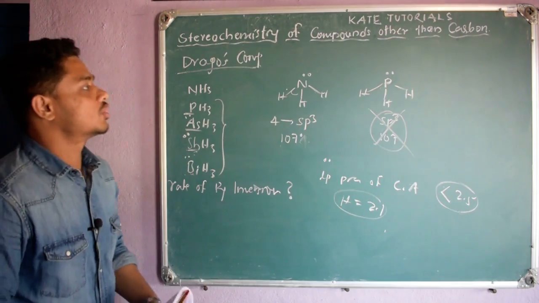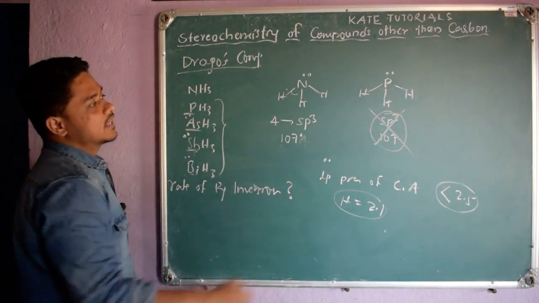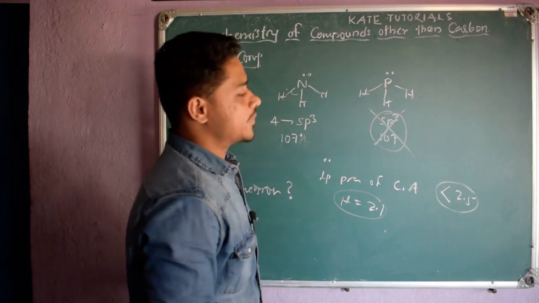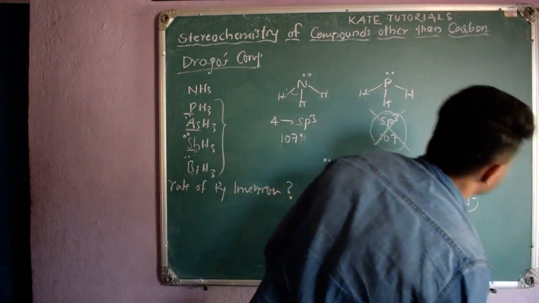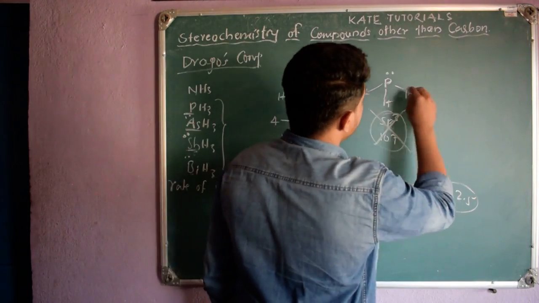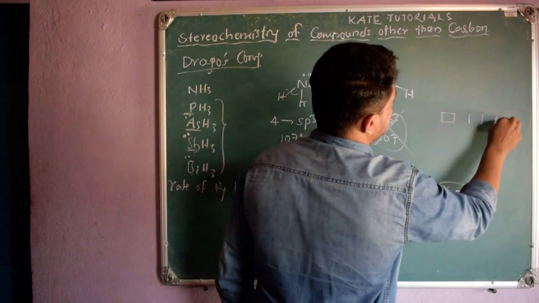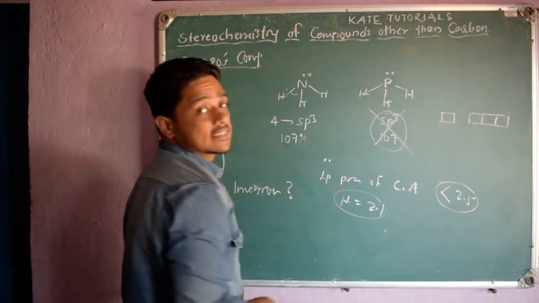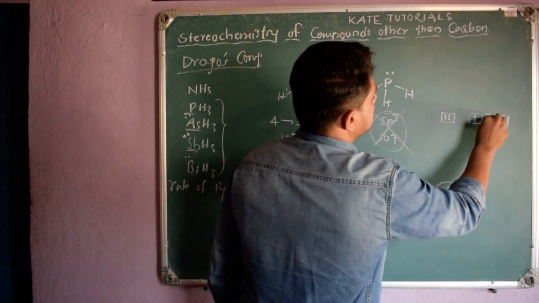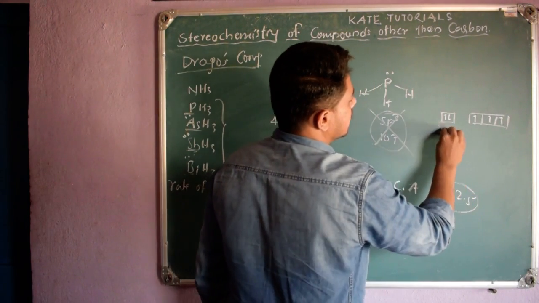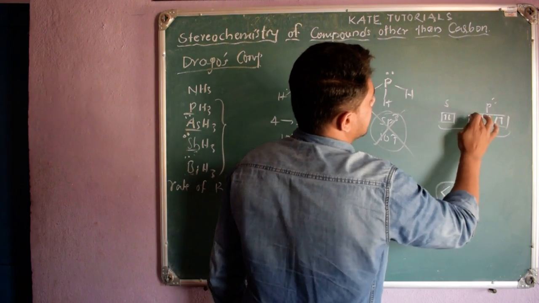So what you understood is that the lone pairs present on phosphorus, arsenic and Sb will not participate in hybridization. So what happens is, in the case of nitrogen, the valence electrons will be the same for phosphorus also. Nitrogen will undergo sp3 hybridization, with s and p orbitals Px, Py, Pz.